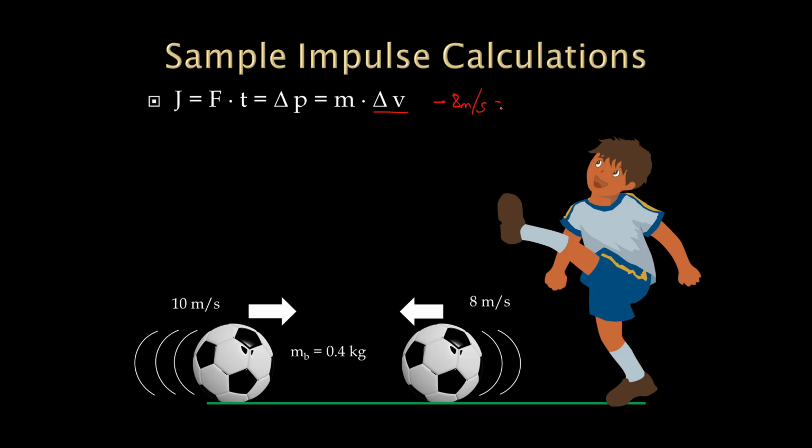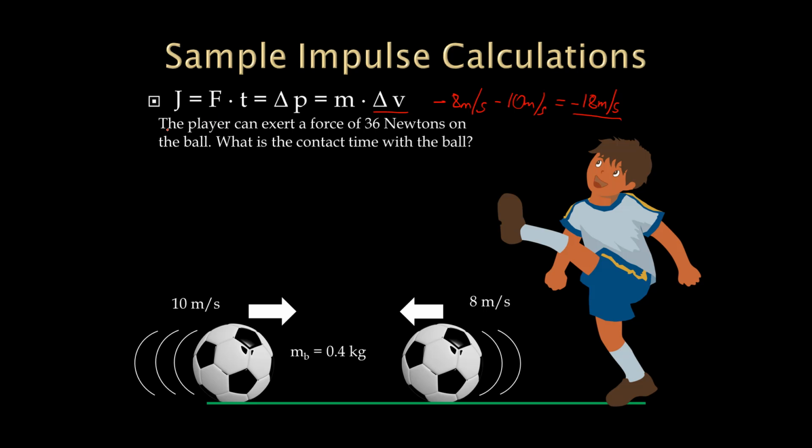We have to subtract the initial value, minus our 10 meters per second. So how much did the velocity change? It changed minus 18 meters per second. It went from going 10 meters per second to the right to 8 meters per second to the left. So we have a negative change of velocity, which will cause our change in momentum to be negative as well.